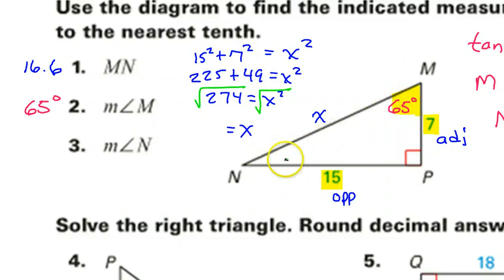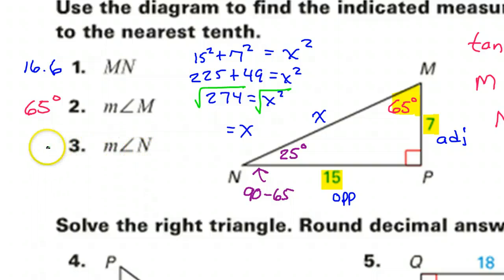Since all the angles in a triangle add up to 180, and this is already 90, 180 minus 90 is 90. So that means the other two angles have to add up to 90. So the quickest way to find angle N is just to do 90 minus 65. Okay, and that's going to be 25 degrees.